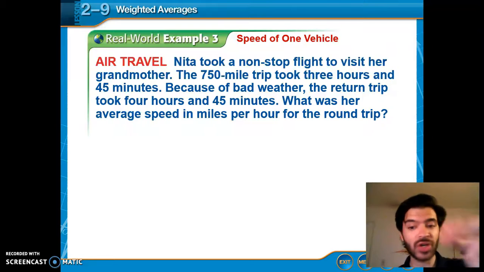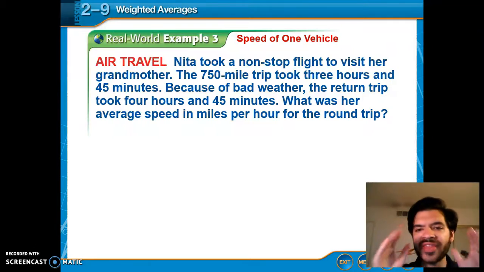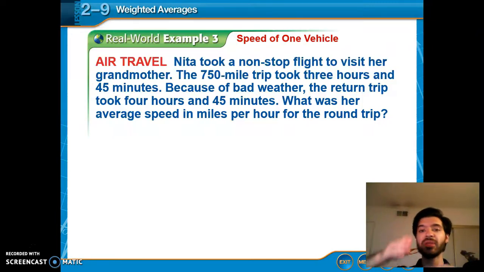Going there was faster, coming back, slower. But we're looking at the average speed, so it's going to be a speed between her going time and her returning time. Between going there and back, it's going to be a speed that's in between the both of them. Does that make sense so far?